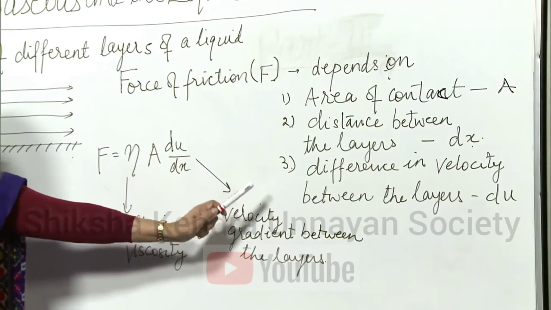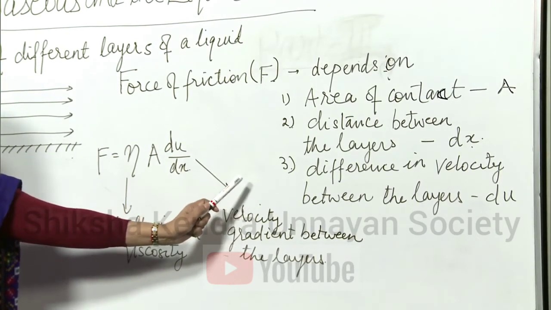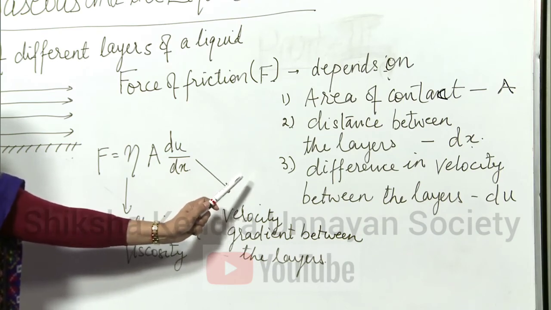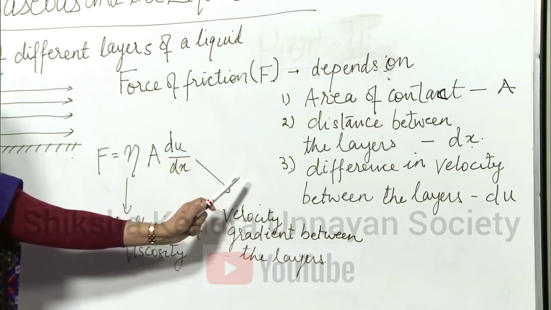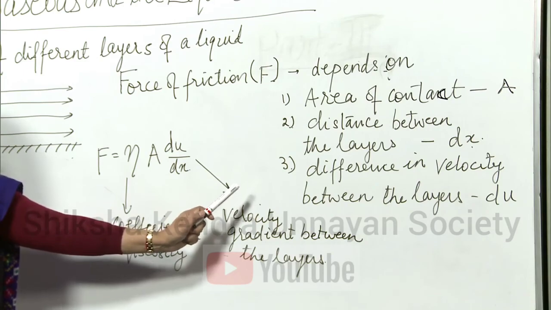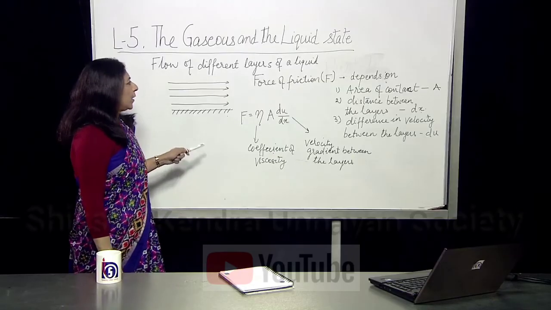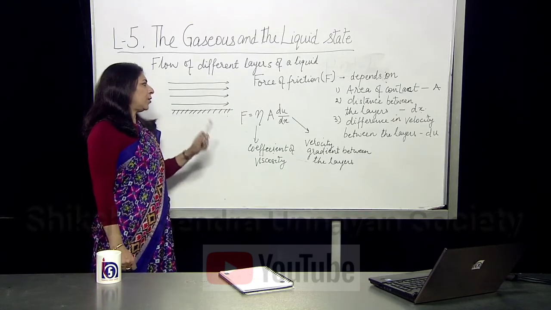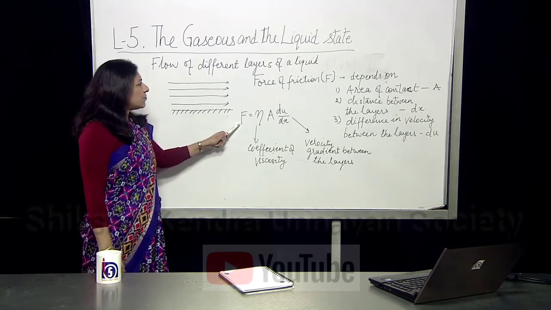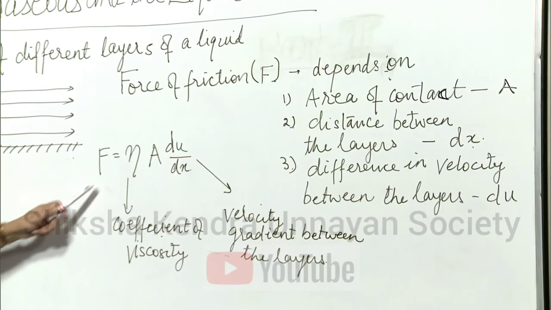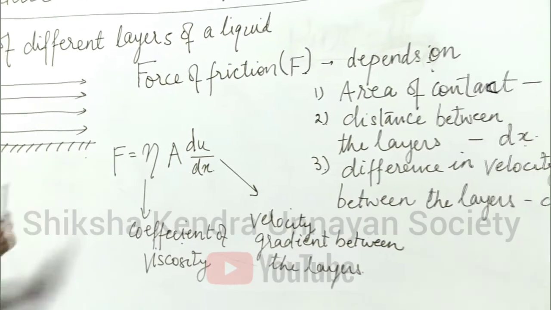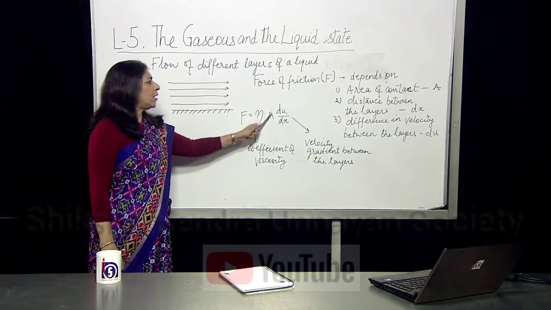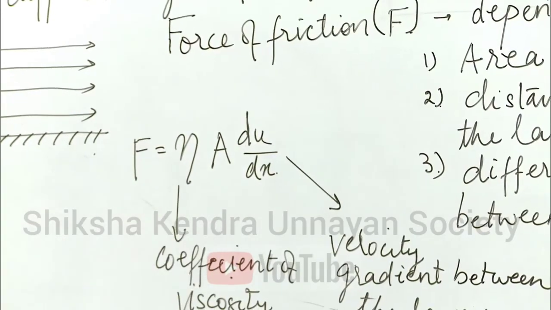How the difference comes, I explained to you. The layers which are away from the surface will move faster than the layers which are closer to the surface. Now, taking these quantities, all are related. We can say that this is a force of friction. We get a formula, F, that is force of friction, is equal to eta A du upon dx.